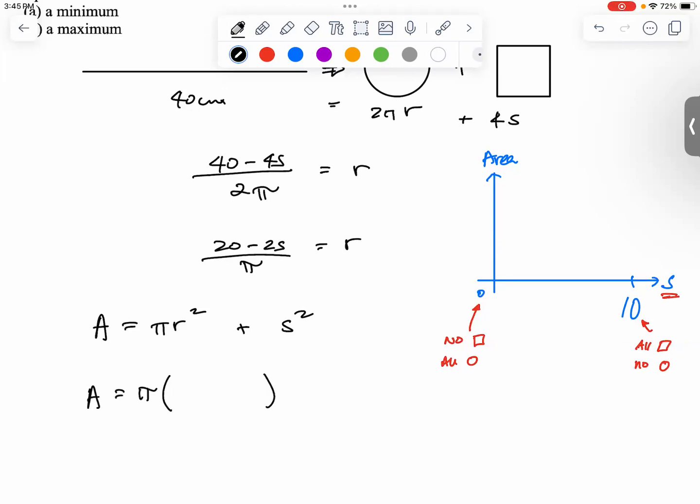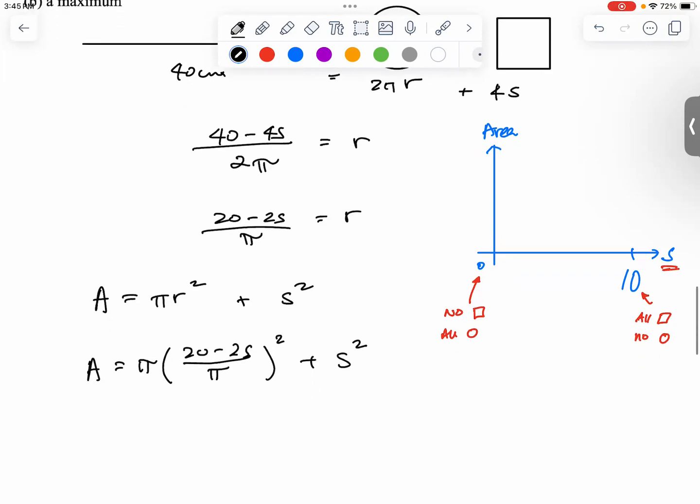So π times ((20 minus 2s) over π) squared, plus s². Now essentially we have a function of area in terms of s. So we have (20 minus 2s) squared over π, since π over π squared leaves a π remaining.